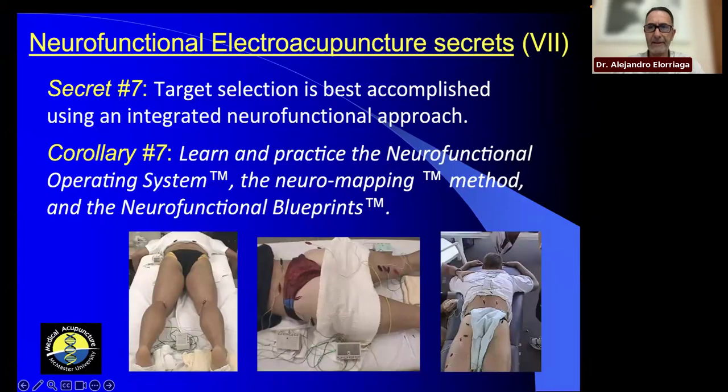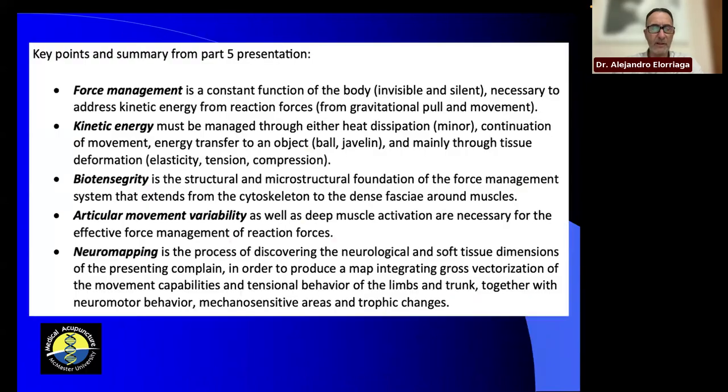And this is the last secret that I stopped explaining halfway through secret number 7, which was about target selection, which is the name of the game. And the presentation of that neurofunctional integrated approach, particularly the neuromapping and other aspects of the neurofunctional operating system, that I will, as usual, review.